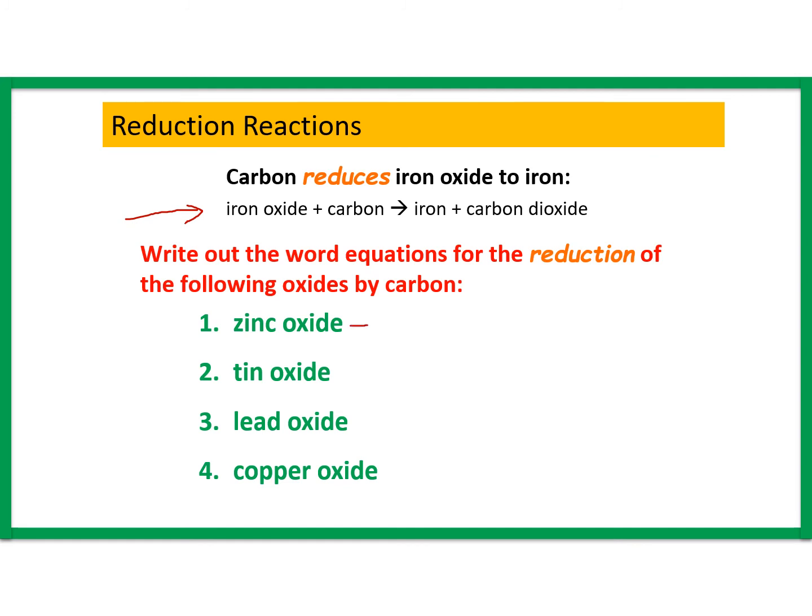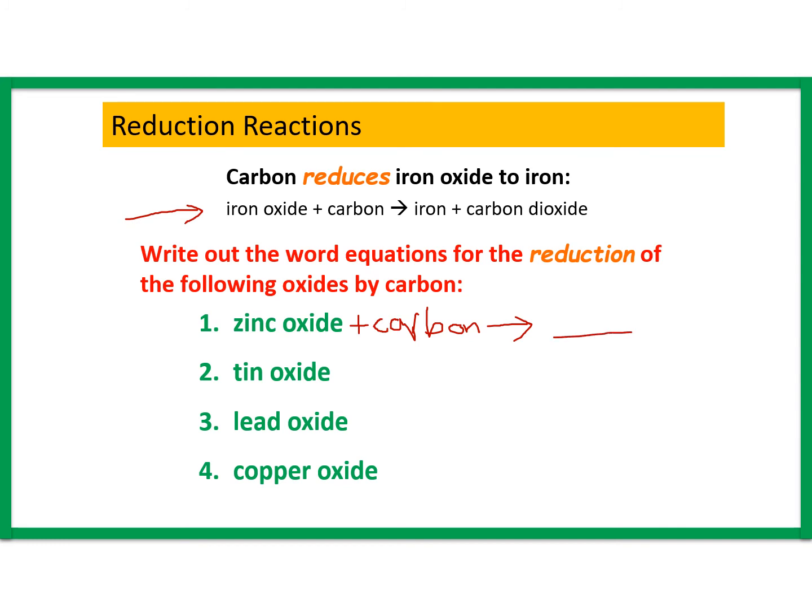So in each case, you're going to have to start with the metal oxide that's there. You're going to have to write plus carbon. Whoops, really difficult writing with a mouse on the screen. You're going to have to write plus carbon. And then you'll have your arrow in the middle, remember? So these are a bit near the middle of this slide. Put them over the left of your page, don't put them in the middle.